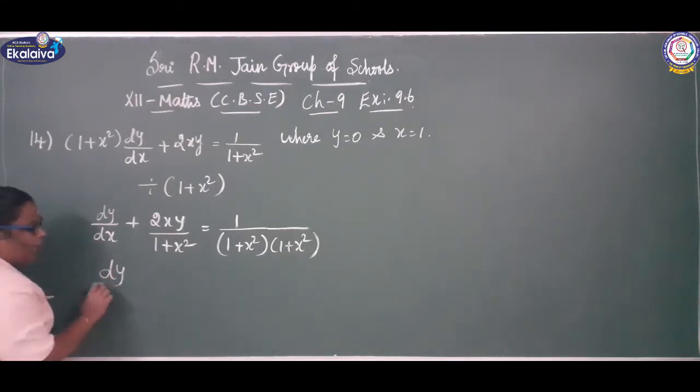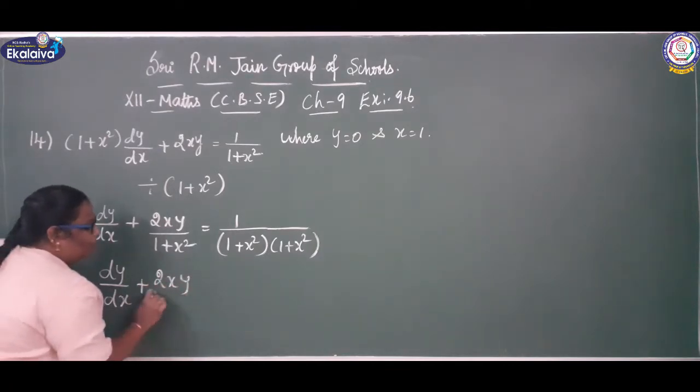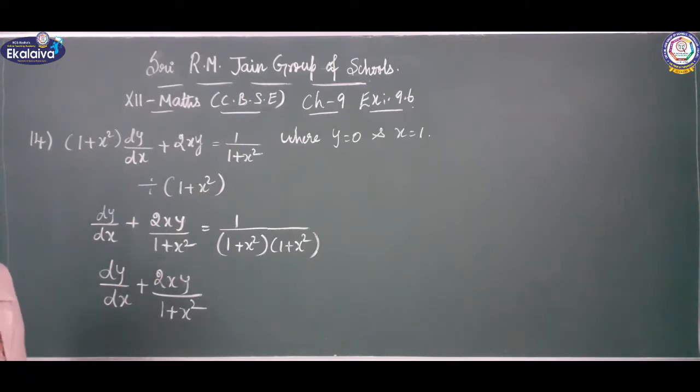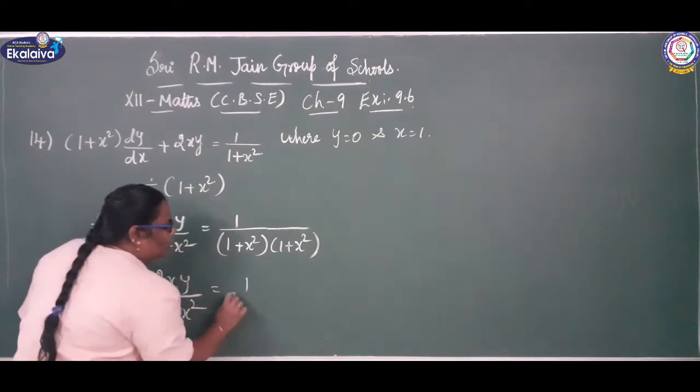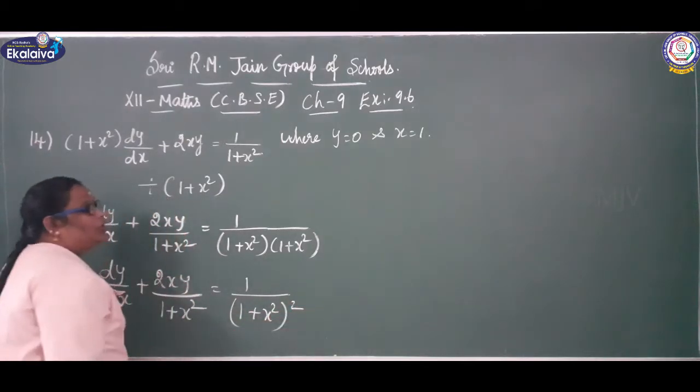So dy by dx plus 2xy by 1 plus x square equal to 1 by (1 plus x square) the whole square.